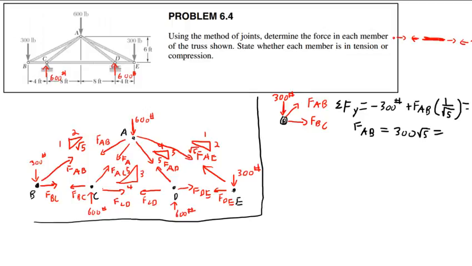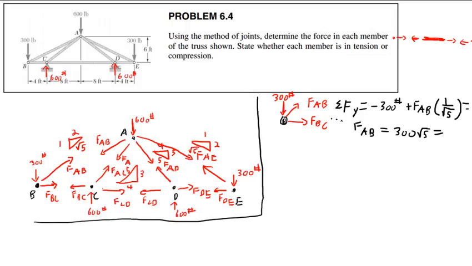300 root 5, which will come to, let's see here, 300 times root 5, and I am getting, let's see, something's not right. 670?